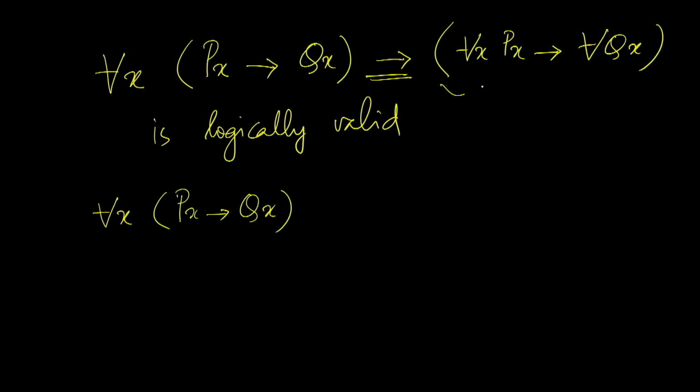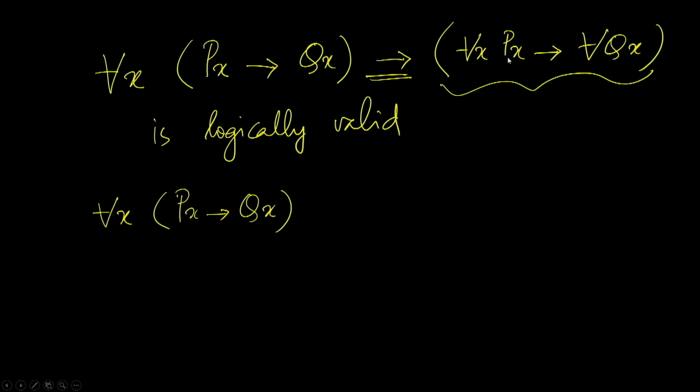Now we want to show that the consequent is true. Let us look at the consequent. The consequent itself is an implication, and we want to claim that it is true. For an implication to be true, either the antecedent has to be false, or the antecedent and the consequent both have to be true.